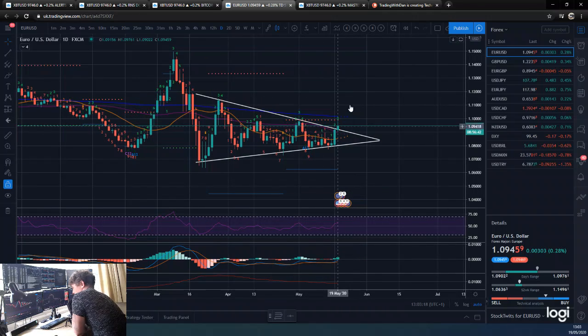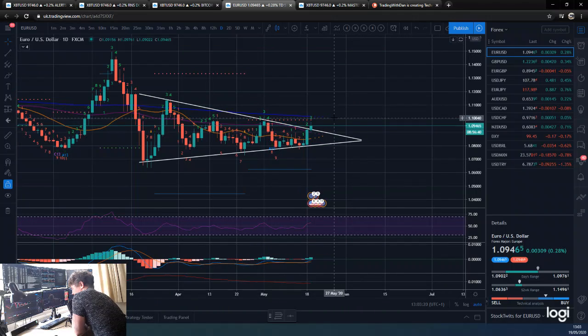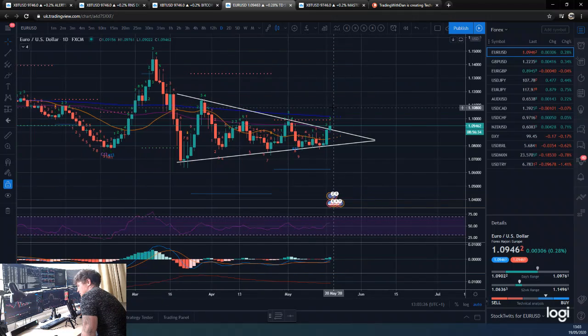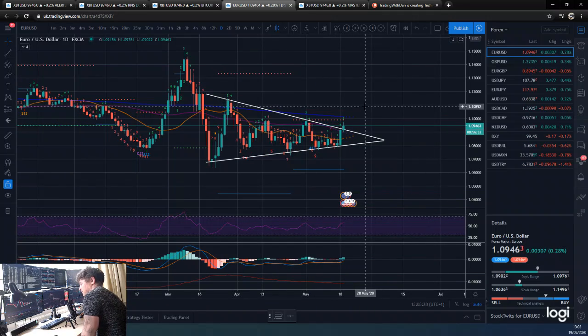Obviously you'll need to get some volume and follow through on the price action to see if we are going to rally. But I still don't think this is going to be the case. I do think we are going to come back into the pennant and break down, but that's more of my fundamental view. It's also a view based on the positioning of the futures.